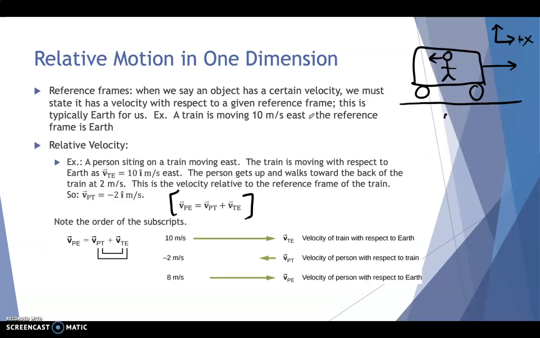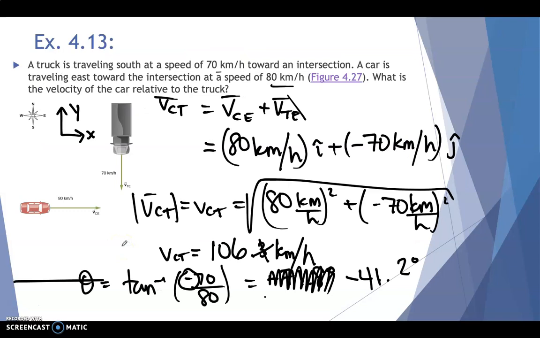Remember, in this equation the subscripts have the same inner subscripts, and the outer ones are different. So I should have the Earth on these two. So let me go back, and I do not.